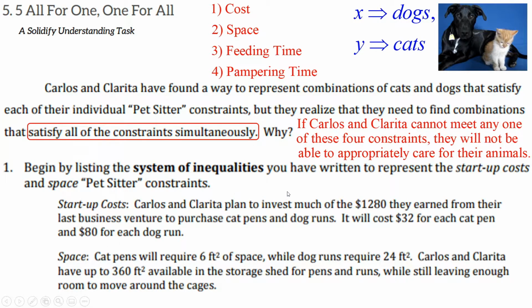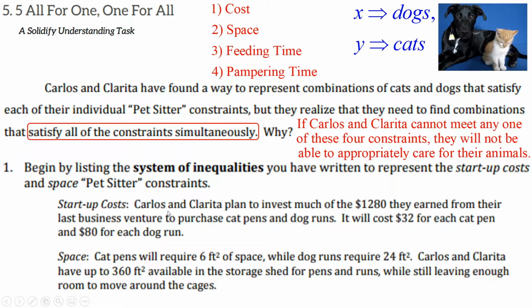I know we've done this before, but now we've got to make sure this kind of stuff is automatic. We're solidifying our understanding, meaning you need to be able to read this paragraph and come up with an inequality in standard form that represents it. And that's what math is about, making us more concise, more efficient.